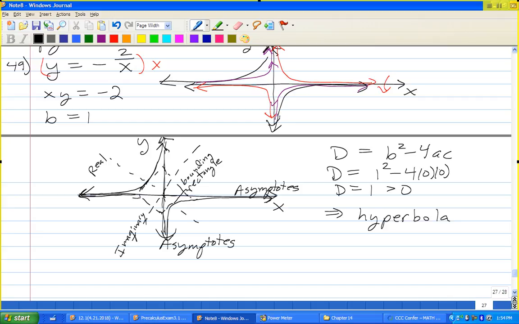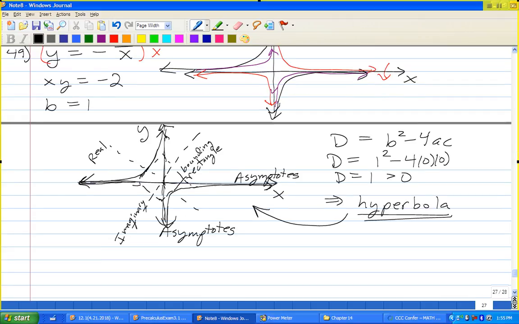And so this fact that you never touched or crossed your asymptotes was the fact that it was a hyperbola. So we're using this very special fact that we didn't tell you, but what you'd been drawing all along was a hyperbola.